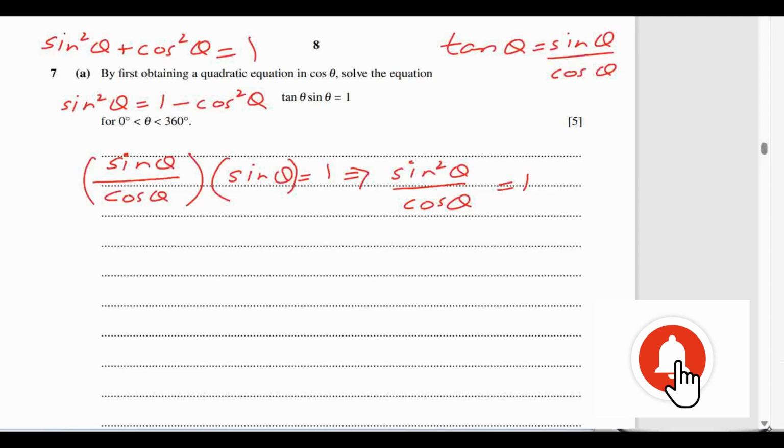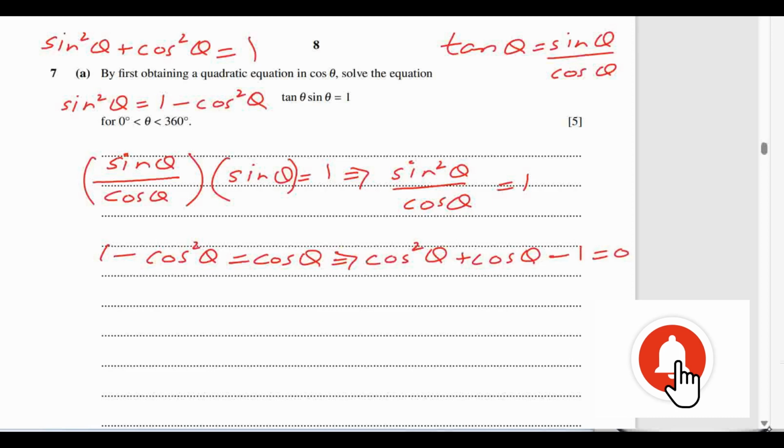So 1 minus cos square theta is equal to, simply cross multiplied, cos theta, and if we rearrange it, this will be cos square theta plus cos theta minus 1 is equal to 0.